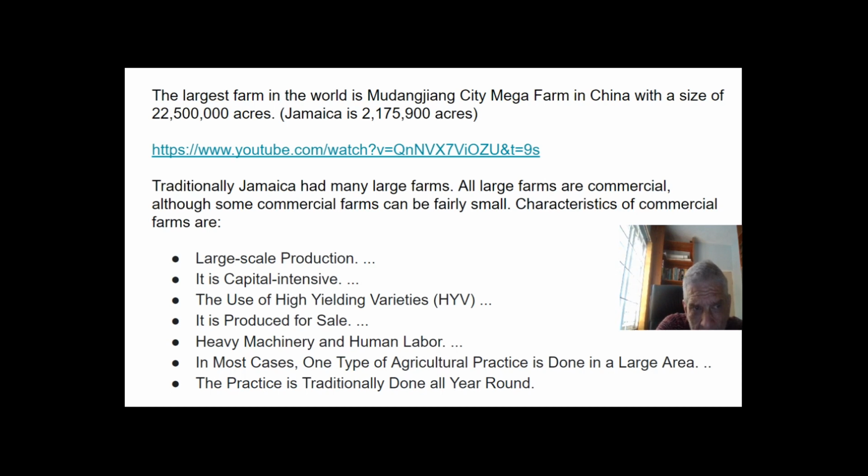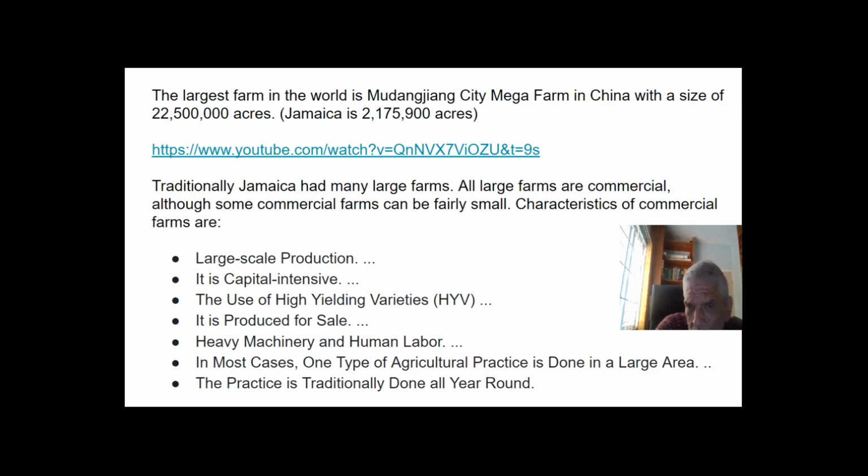So traditionally, Jamaica has many large farms. If you look at history, Jamaica was a system of sugar estates, and then we had a bit of coffee as well. So all farms are commercial, though some commercial farms can be fairly small. I suppose that's not quite correct, is it?